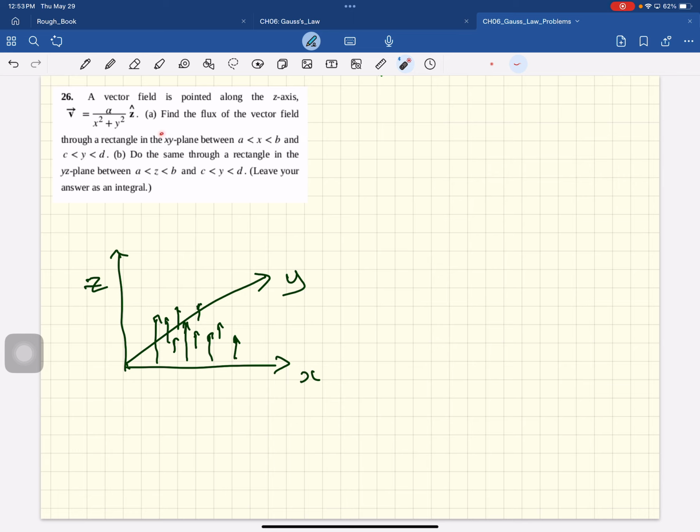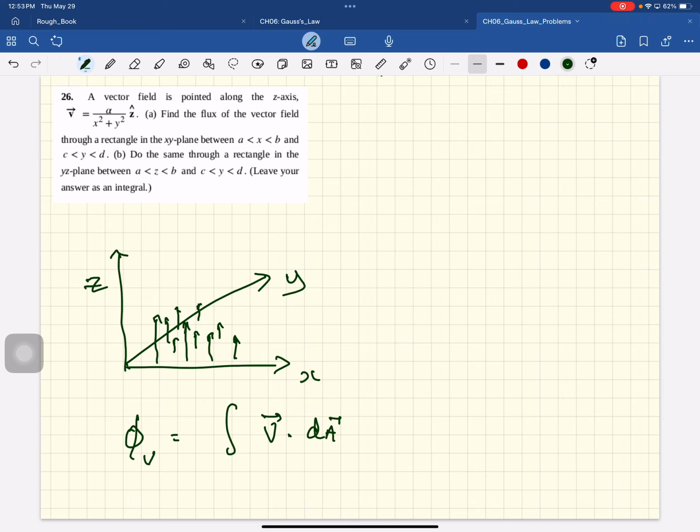All right. Find the flux of the vector field through a rectangle in the xy plane between x equal to a and b and y equal to c and d. So the flux of the vector field is the integral of V dot dA.